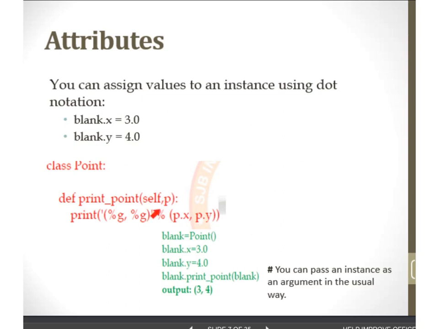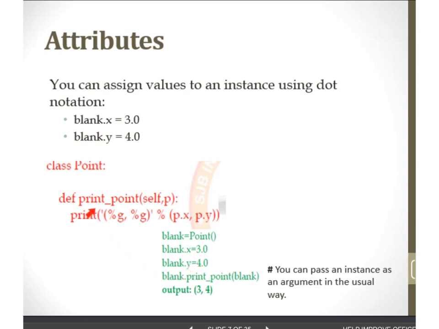This p can be assigned a value outside by calling this class. Say for example, I create an object blank equal to Point(). So what is blank.x and blank.y? I assign a value 3 to blank.x and 4 to blank.y.